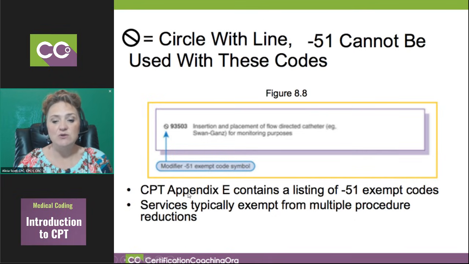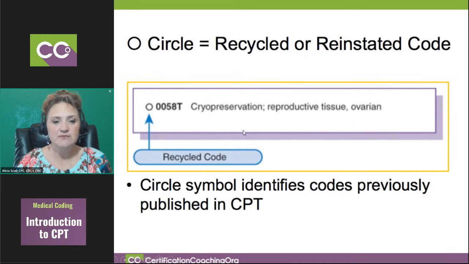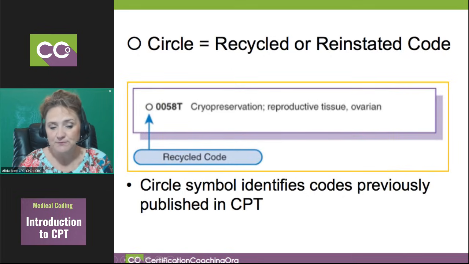If you, again, want to see all of the codes that are exempt from modifier 51, that's in Appendix E. Now, would it be faster to go look it up in Appendix E, or would it be just faster to go look it up in tabular and see if it's got a not symbol in front of it? Again, it has to do with multiple procedures being done. If you see just the circle, that means that it's a recycled code or a code that's been reinstated from a previous year, right?